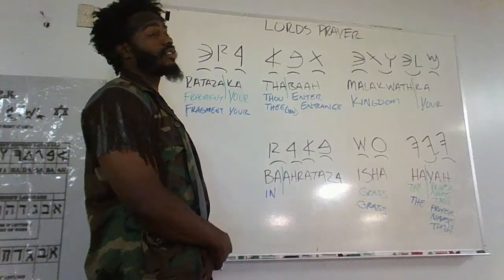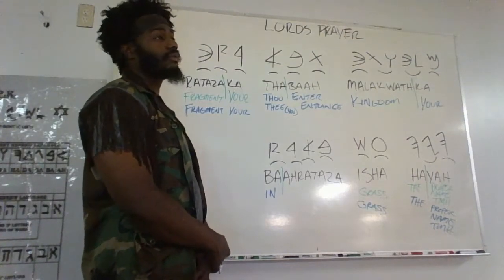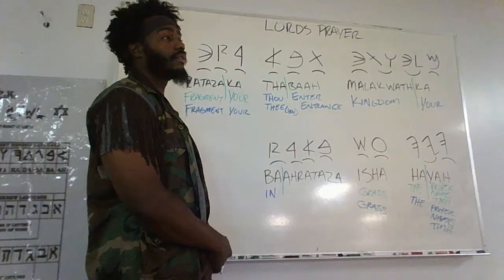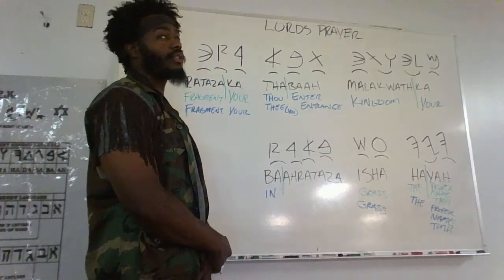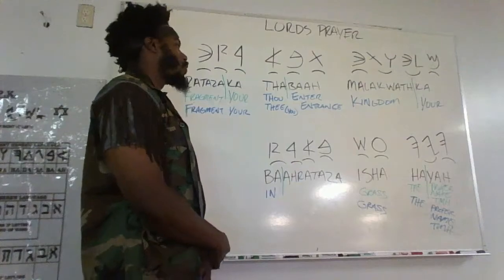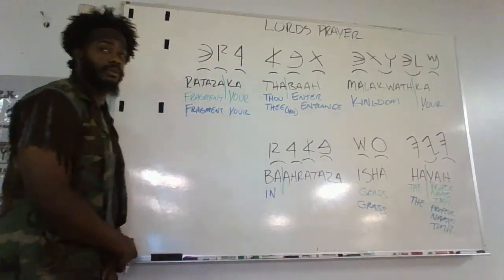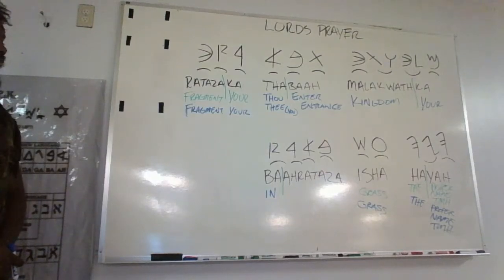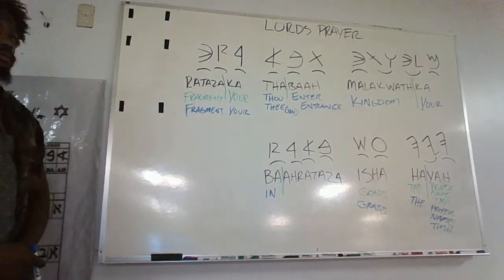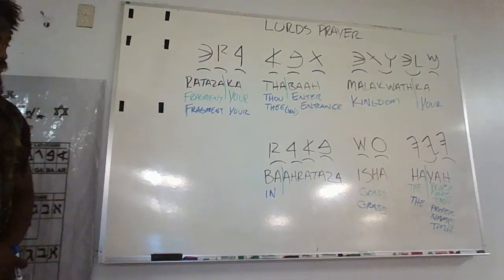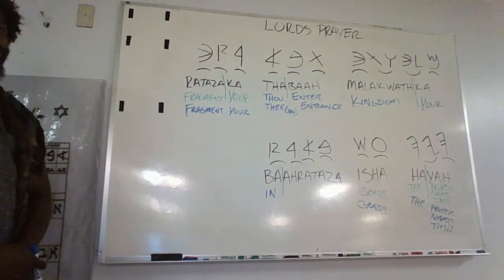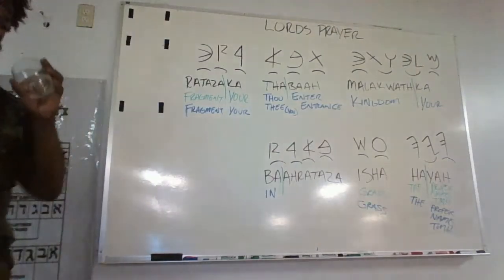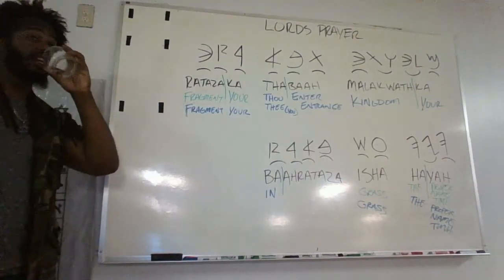It's all over Genesis, like every chapter. Arataza. I mean, if you know the Lord's Prayer, take a shot. It's the only time I let you use English to guess.